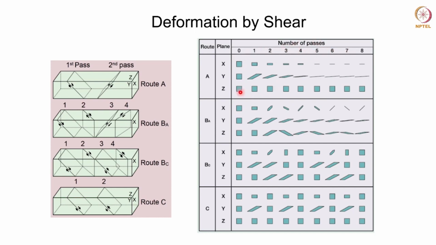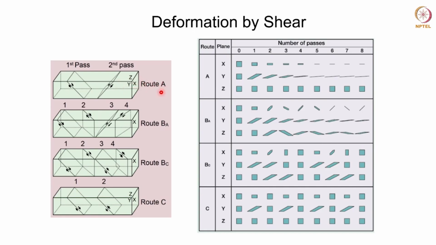Okay, and all the four routes are shown over here: A, BA, BC, and C. And the same element is being shown as to how it deforms in different ECAP routes. So you can just note these X, Y, and Z planes.